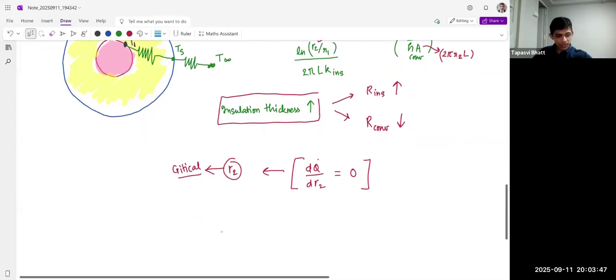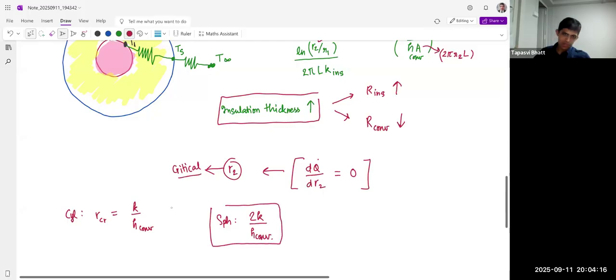So what comes out is that for a cylinder, the R critical is K over H convection, and for a sphere, it is 2K over H convection.